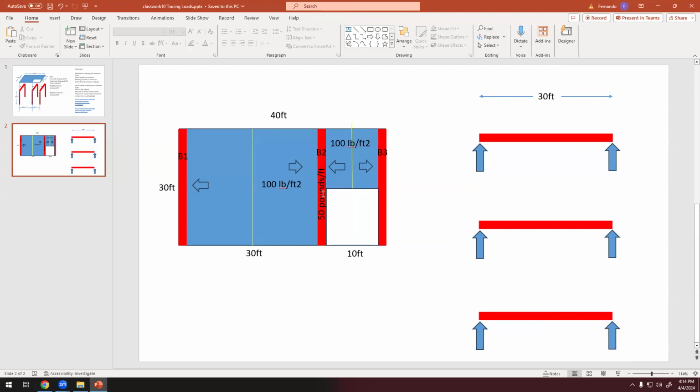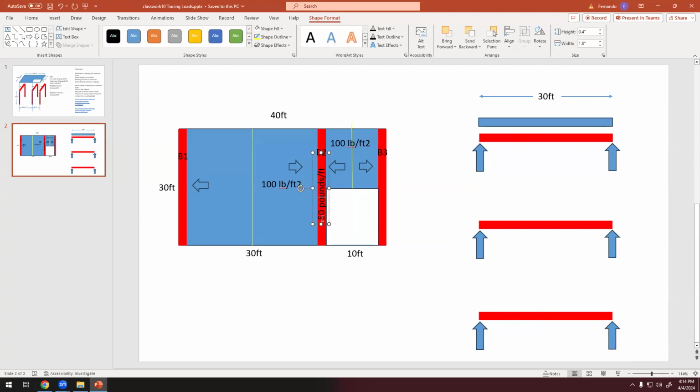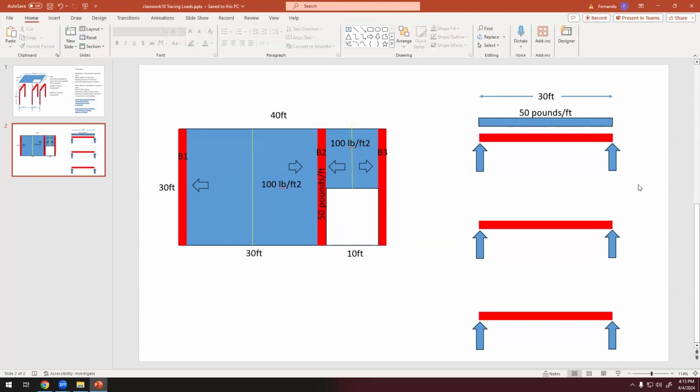So the first one is the weight of the beam. So this is a uniformly distributed load, and it's 50 pounds per foot, not per square foot. This is 50 pounds per foot, not squared. So this is the uniformly distributed load.